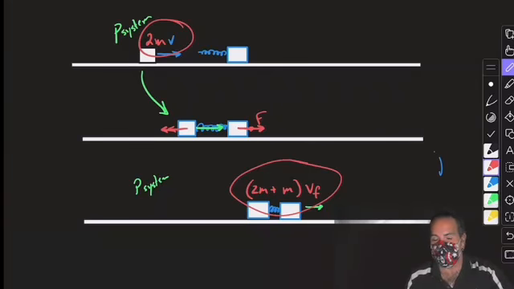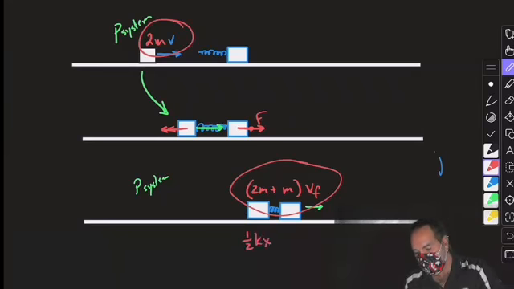But it's a frictionless surface. And although this is not an elastic collision, which would conserve kinetic energy, it still conserves energy if there's no external force on the system. Therefore, 1/2 kx squared for the spring plus 1/2 times 3m times v final squared for the boxes.